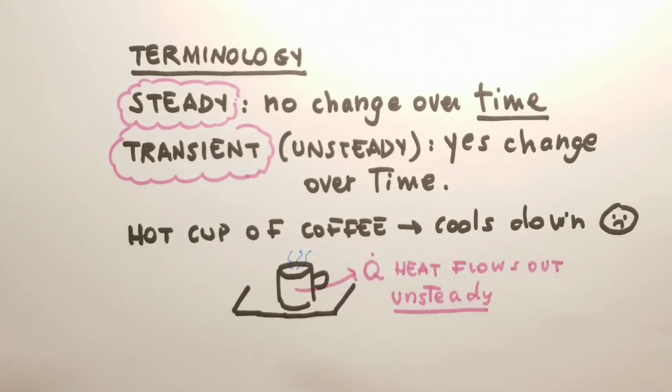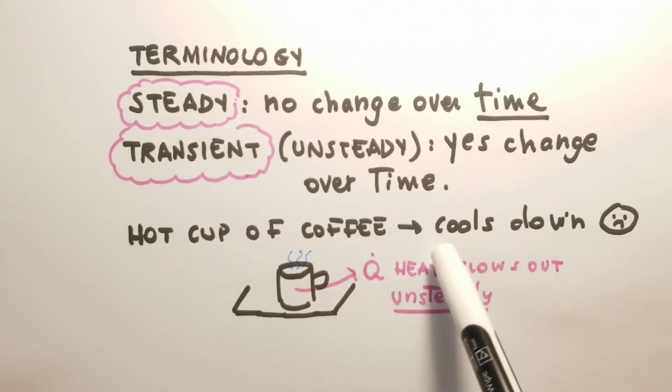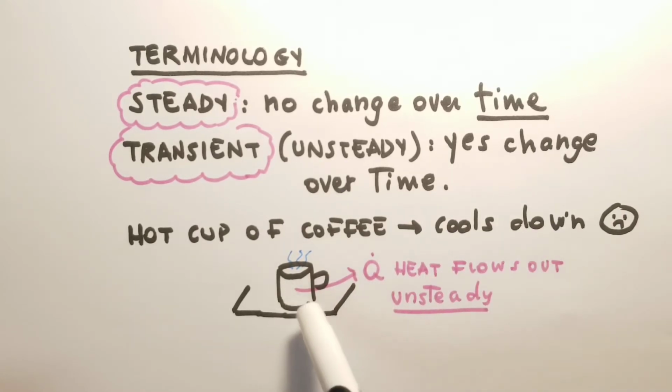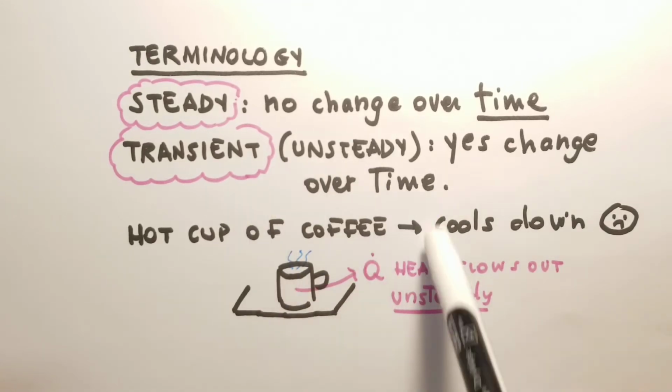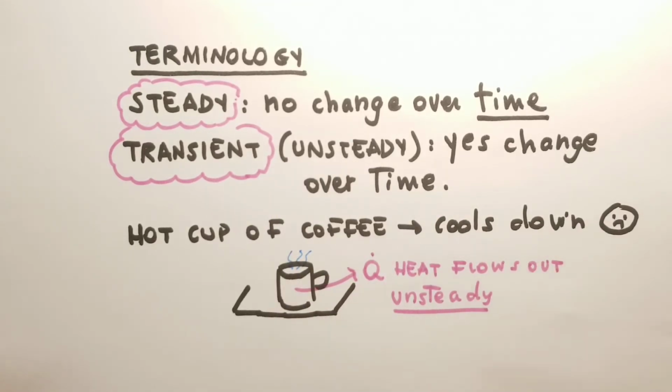So for example, if you imagine a hot cup of coffee on a table and we leave it there for a few minutes, then eventually the coffee will cool down because heat flows from the hot cup of coffee to the environment, in this case a cold room. So this is an unsteady problem because the temperature changes over time.